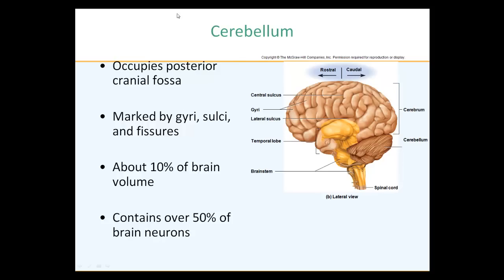We will talk a lot about the cerebellum later on, and the cerebellum is this portion here. What's interesting about the cerebellum is that although it's about 10% of the total size of the brain, it contains about 50% of the brain neurons.